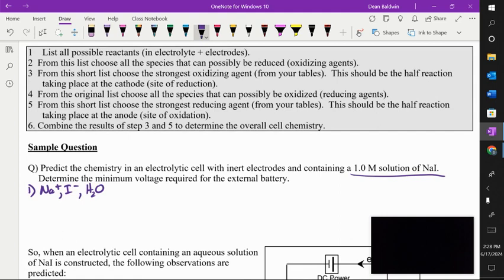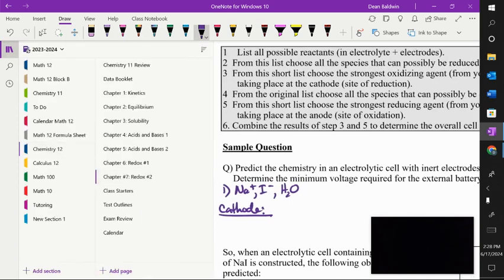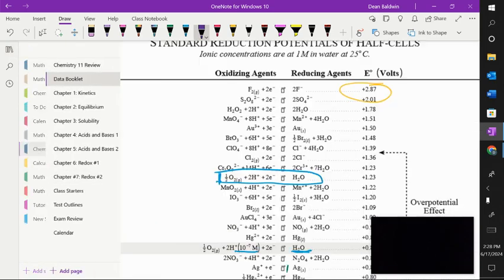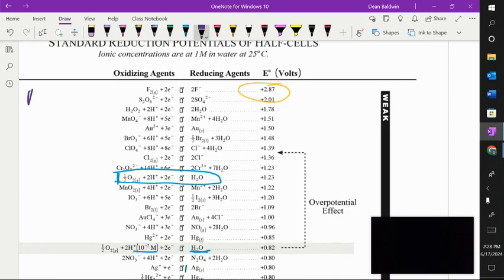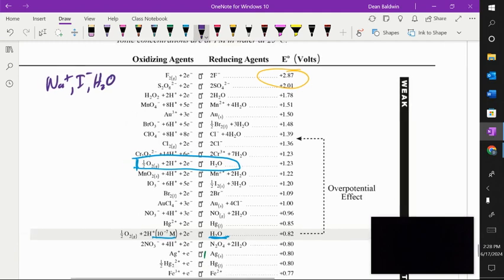What's happening at the cathode? So what happens at the cathode? Oxidation or reduction? Reduction. So we're going to go to our table or a data booklet. So we have sodium, iodine, and water. Now, before we do anything, let's just think about this.